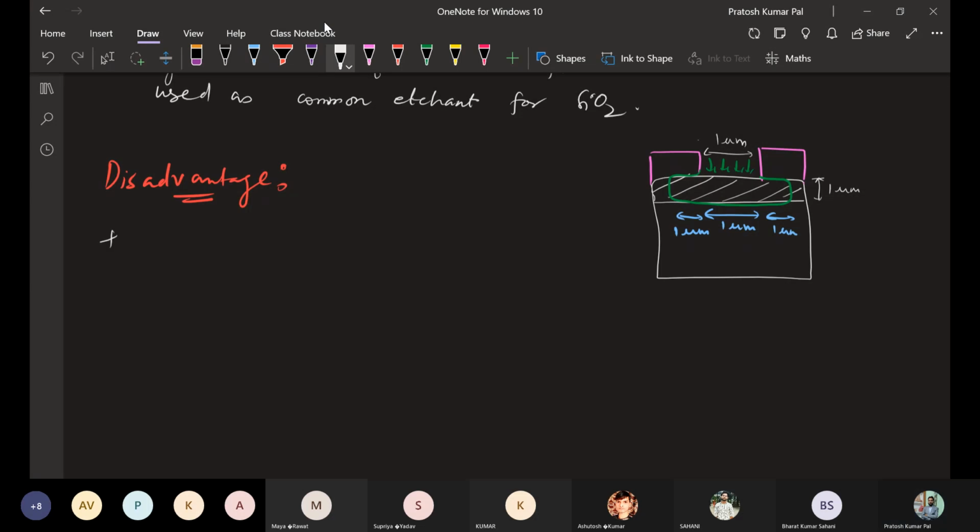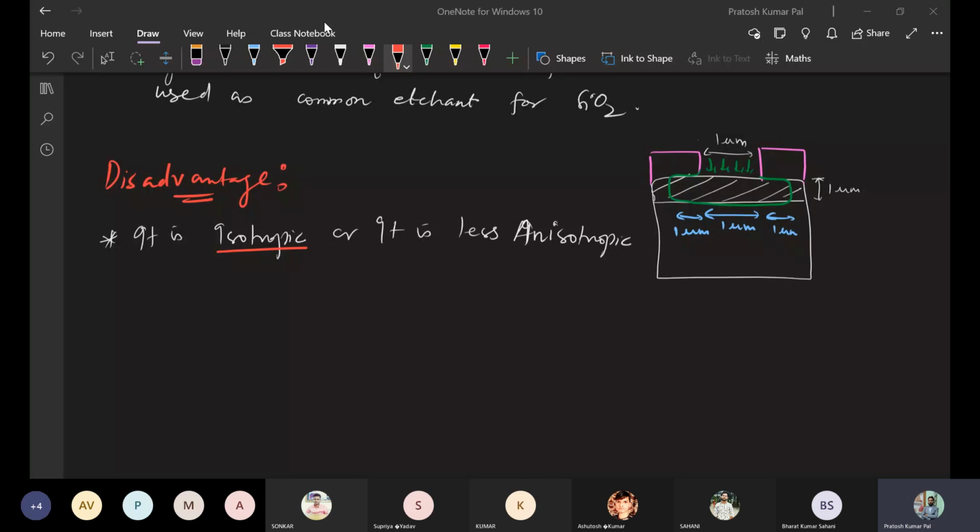So here we can call the disadvantage that it is isotropic, or less anisotropic.